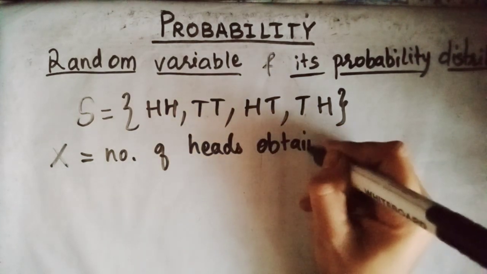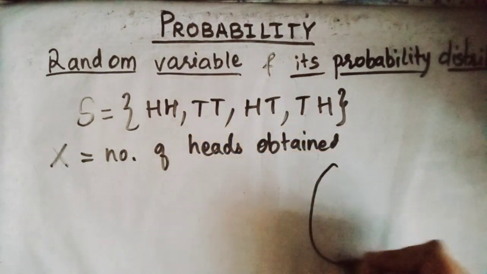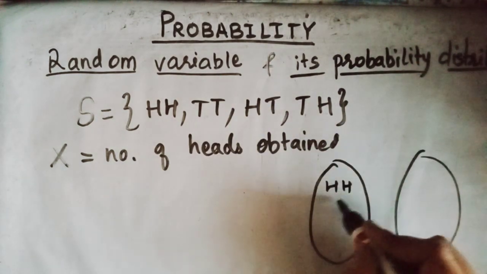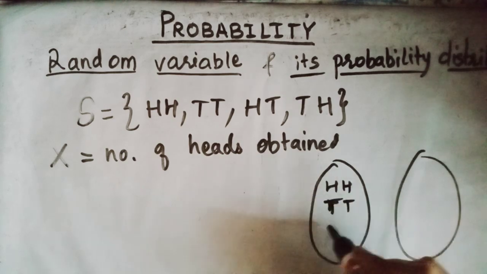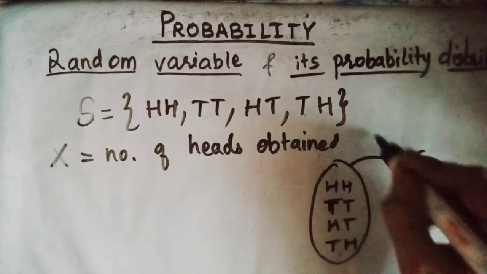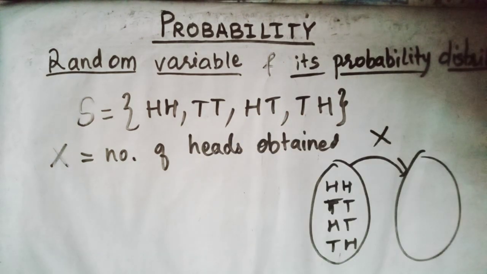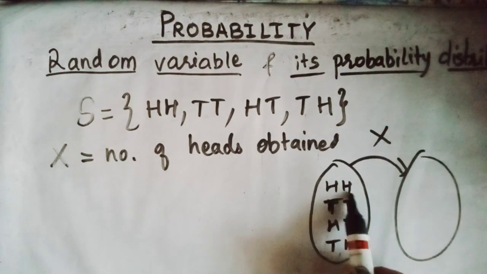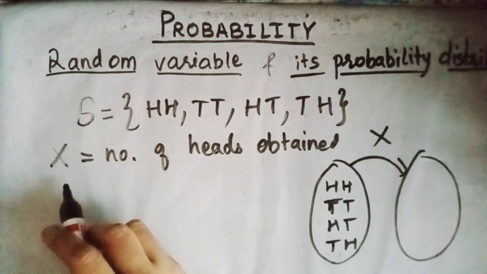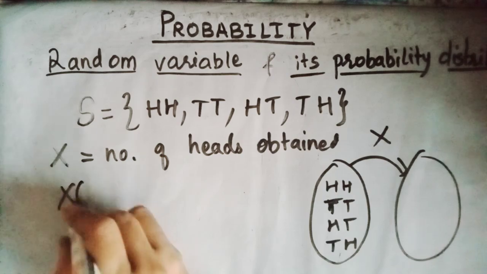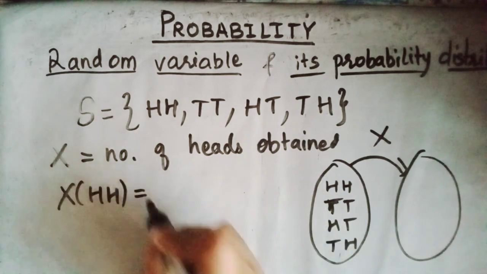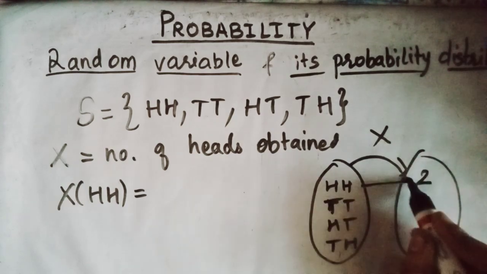So we have a domain and a codomain. The domain is this sample space, right? And this is our function X, which is a random variable. So the codomain set will be what? X of HH, that is number of heads obtained, here is 2, right?